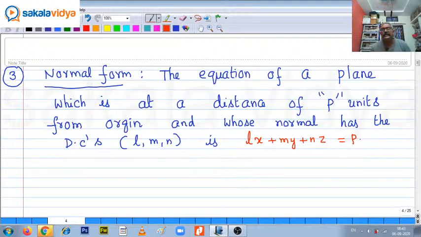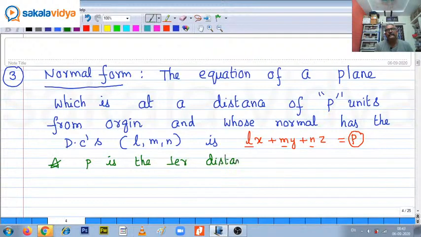Normal form means this p represents the distance from the origin to this plane, whereas l, m, n are, here important things you remember: first point, p is the perpendicular distance from the origin to, say, equation 1.